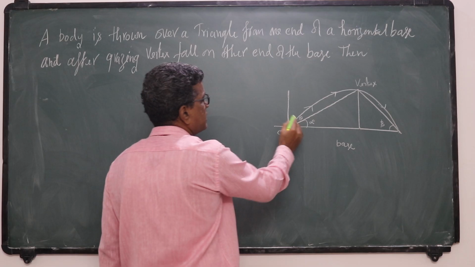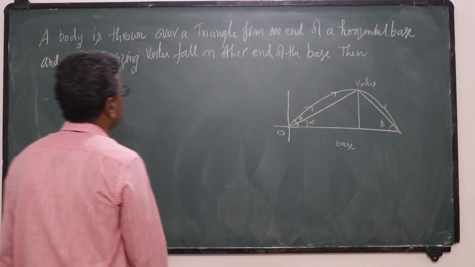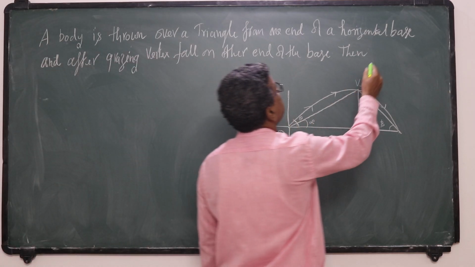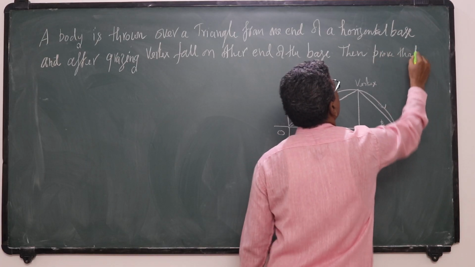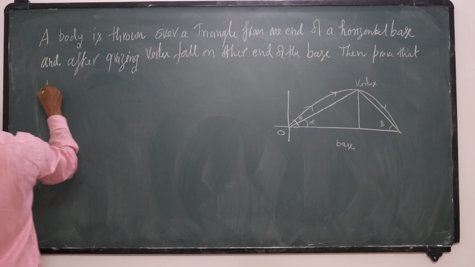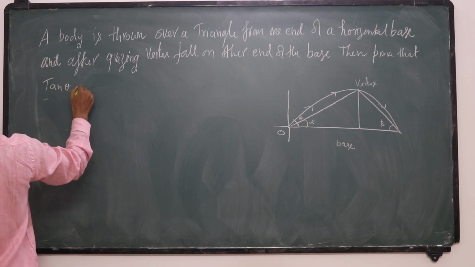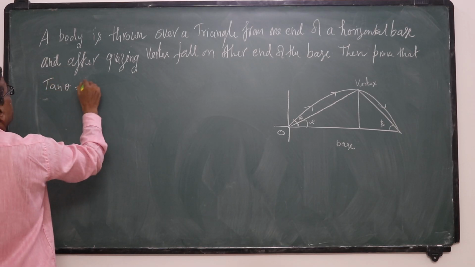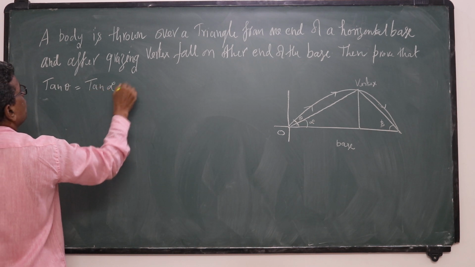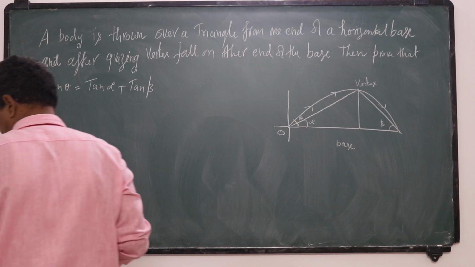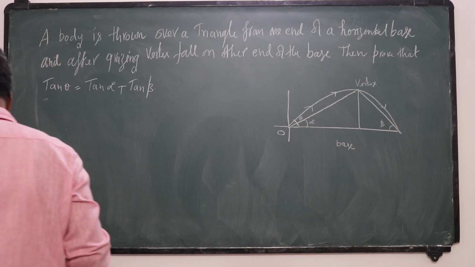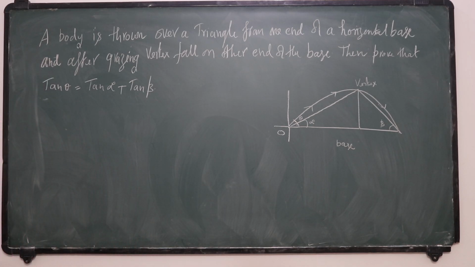Theta is the angle of projection. Then prove that tan theta is equal to tan alpha plus tan beta. So we have to prove this one.